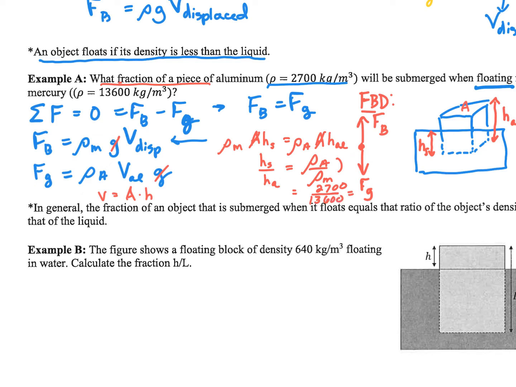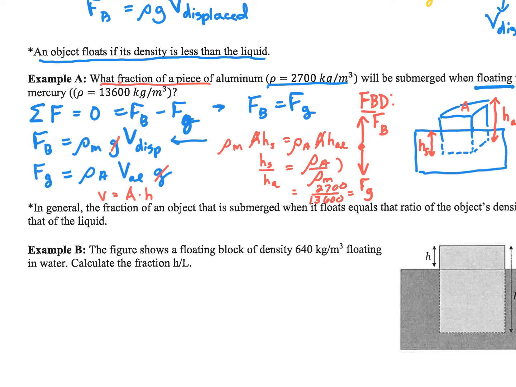Why should we know that it should be in that order and not get it mixed up? If some of it's sticking out, this ratio better be less than what? 1, right? And look at the aluminum versus the mercury. Look at the density of mercury versus the density of aluminum. It's a whole lot bigger, isn't it? So it's a whole lot more dense.